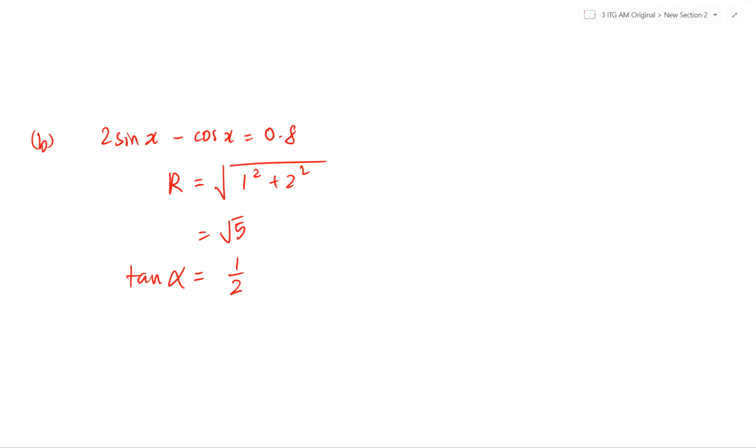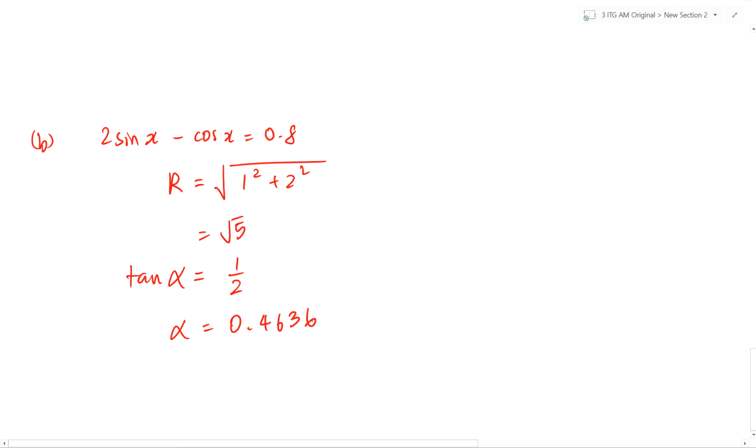There is a minus. This plus minus will be reflected over here. So b itself is positive. So in this case, I'll be writing tangent alpha is half. Okay? Alpha is therefore equal to 0.4636. It is in radian.